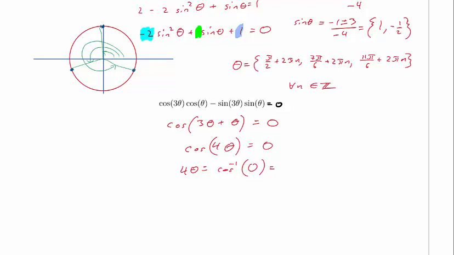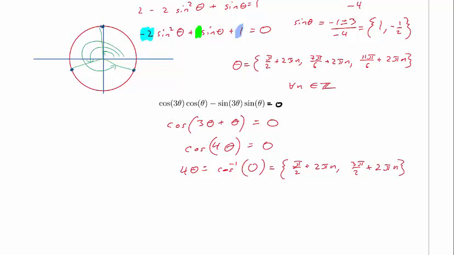So at pi over 2, and then we want to include every revolution, and then again at the bottom, which is 3 pi over 2 plus 2 pi n.